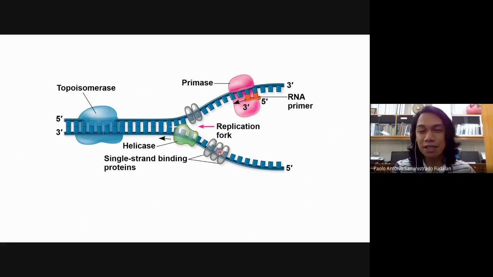And to keep this open, there are also single strand binding proteins. So while that's open, a primase will start putting primers made of RNA. Okay, because the DNA polymerase is unable to start from scratch. So there needs to be an RNA primer.